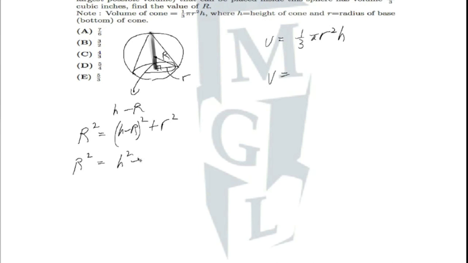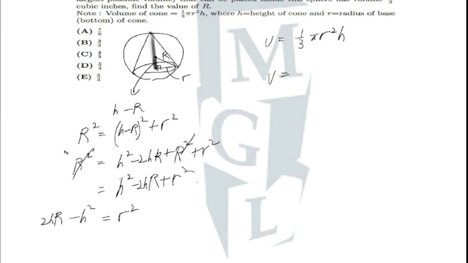Okay, so let me expand that. So that crosses out. And we have, okay, so if I isolate that small r squared, I get 2hR minus h squared.